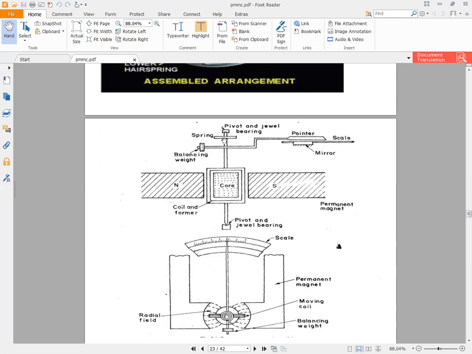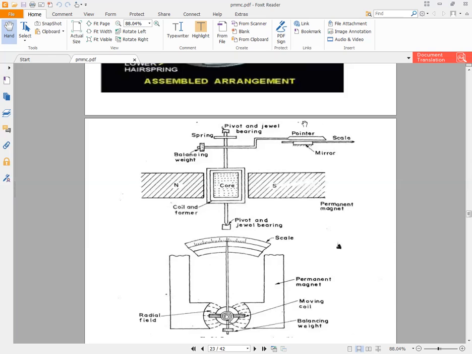For this we are using the springs. These springs can produce the controlling torque and it can be balanced. Next, we are using the pivots and jewel bearings. From both sides we are using the pivots and jewel bearings. And last, we are using the PMMC instrument, which may be an ammeter or voltmeter.